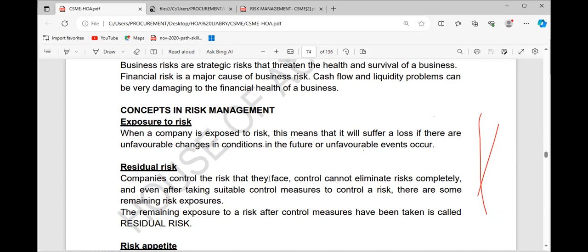importing of goods from other countries. All you have to do is travel to Dubai or out of the country, get all these goods and bring them in. And once you bring all these goods in, you are exposed to what? To risk.